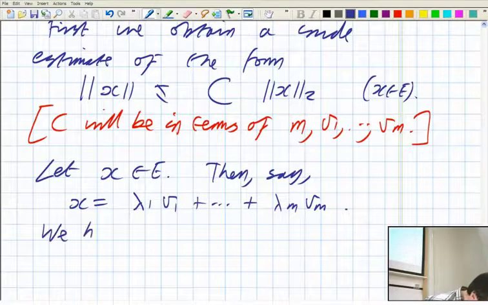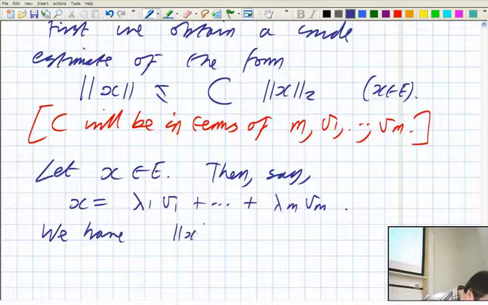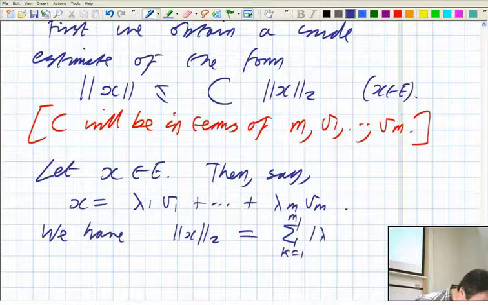We have norm x2, we know, as the sum from k equals 1 to m of mod lambda k squared, to the half.